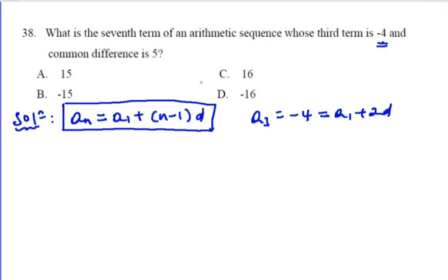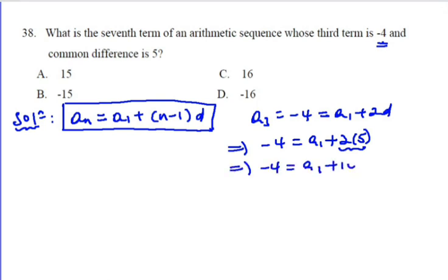The common difference is given, so -4 = a1 + 2 times the common difference. This is 10. So -4 = a1 + 10. This implies the first term is -14.